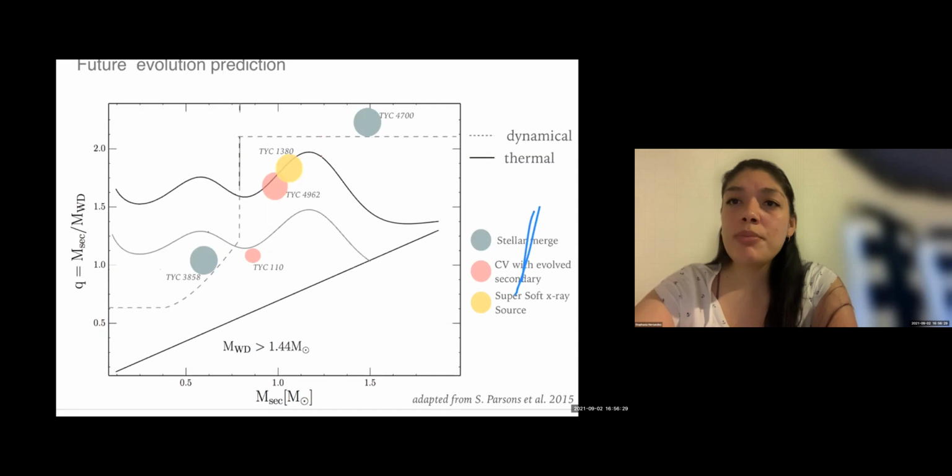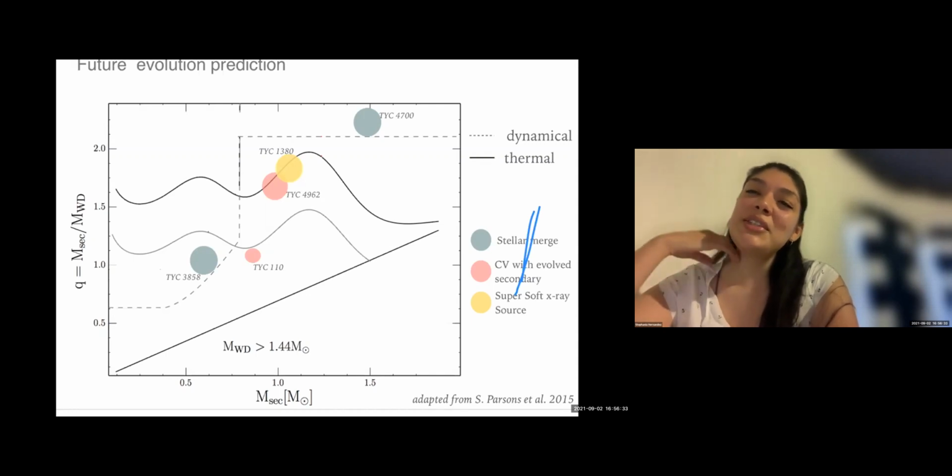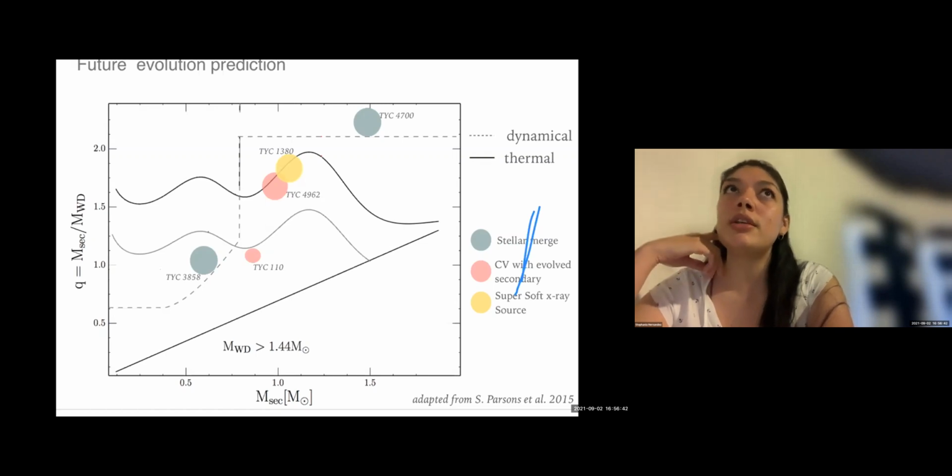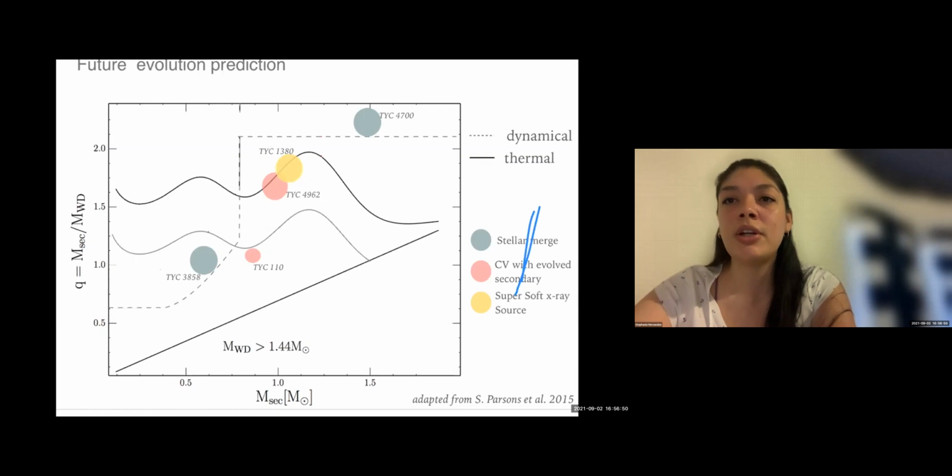The other 2 systems, in red, will evolve into cataclysmic variables with evolved secondary stars, because the secondary star in those binaries is right now slightly larger than a main sequence star.